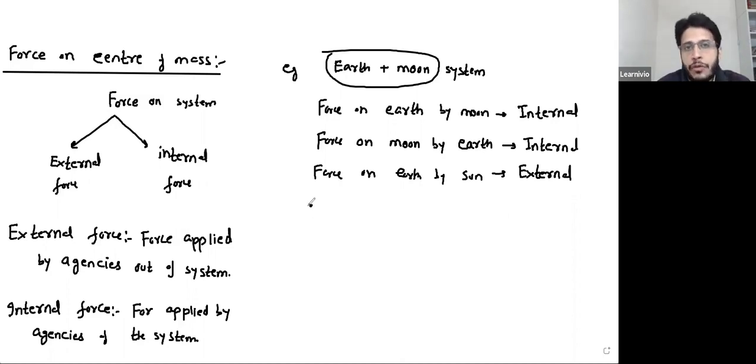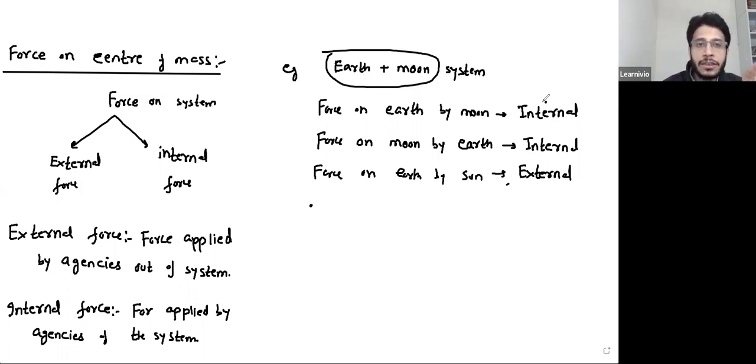Next, the internal force can change momentum or velocity of individual particles of the system. Due to this internal force, momentum of Earth can change. Velocity of Earth can change due to this internal force. If I'm taking Earth-Moon system as an example, due to this internal force, velocity of Moon can change.